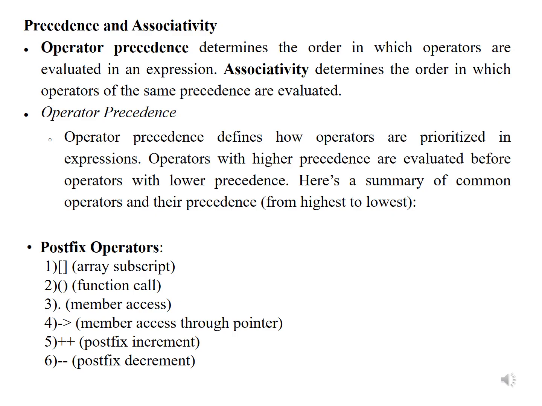Here is a summary of the common operators and their precedence from high to low. Postfix operators are the square brackets, that is array subscription, and parentheses for function calls, dot is member access, arrow is member access through pointers, plus plus for postfix increment, minus minus for postfix decrement.